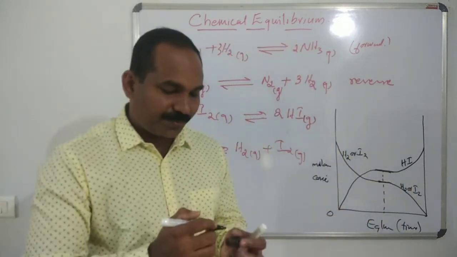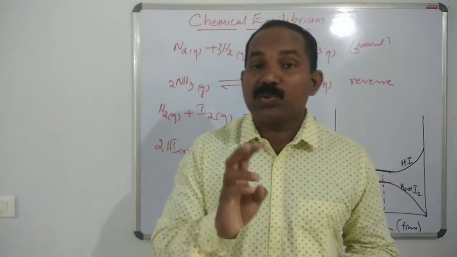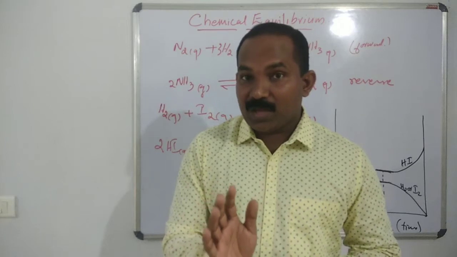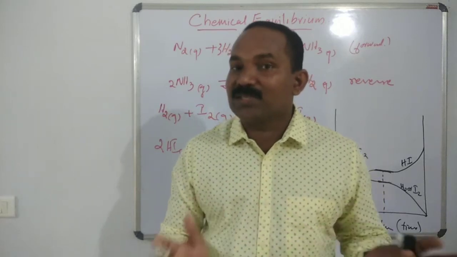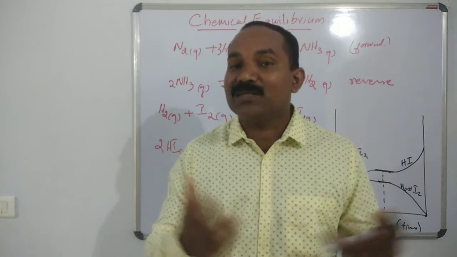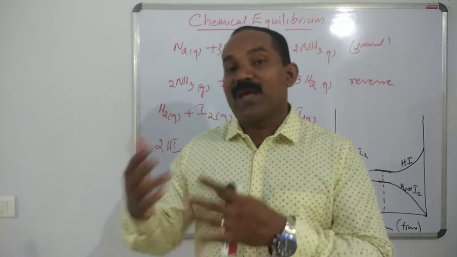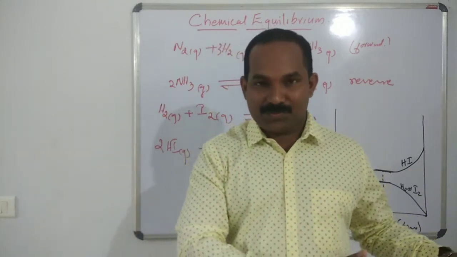At equilibrium, the molar concentrations of H2, I2 and HI are constant. That means the concentration doesn't change, but reactions are taking place. H2 and I2 combine to form HI, and HI decomposes to give H2 and I2.